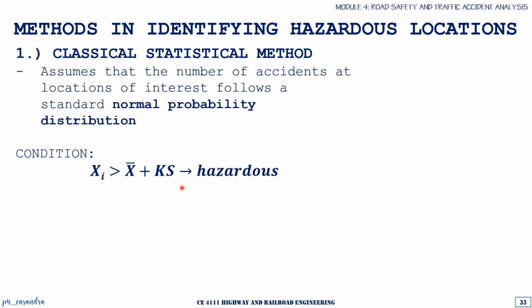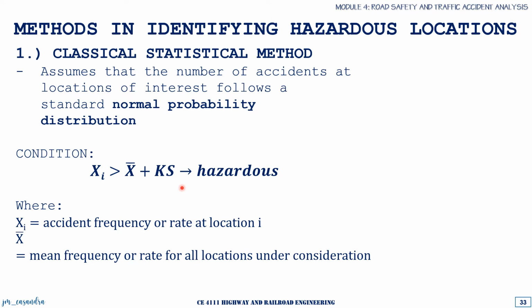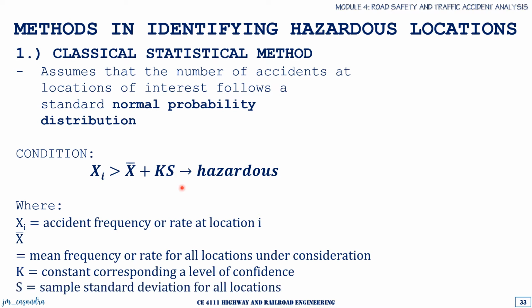Okay, so for this condition, x sub i is the accident frequency or the accident rate at location i, or the location under study. And then we have x bar, or the average x, or the mean frequency of all the locations under consideration. k is our constant, which will correspond to a level of confidence from your statistics. s is the sample standard deviation for all locations considered.